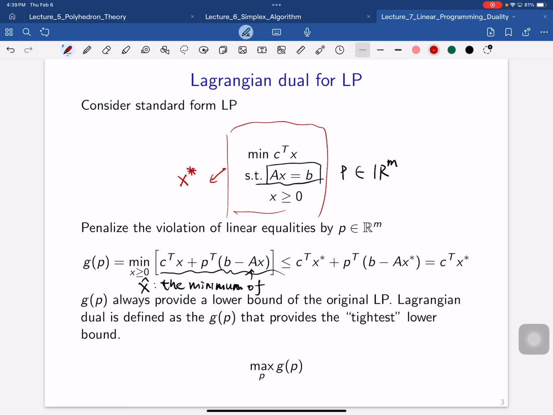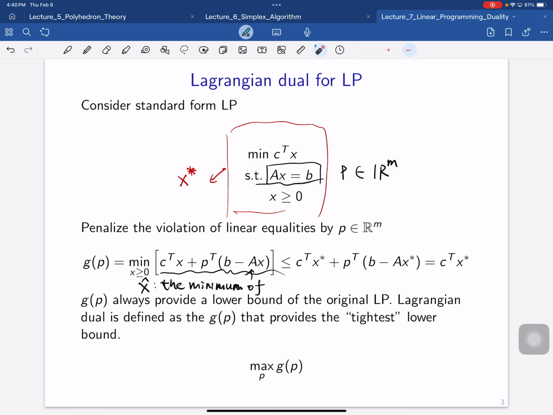Of course, x star is the minimum of this optimization problem, but it may not be the minimum of that problem. If you plug in x hat here, it minimizes this whole expression, but x star is the minimum of a different optimization problem. They may be the same, they may be different.